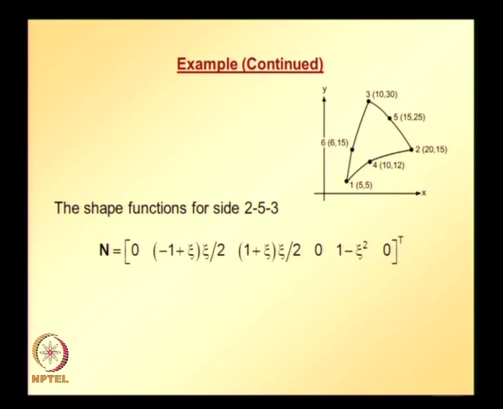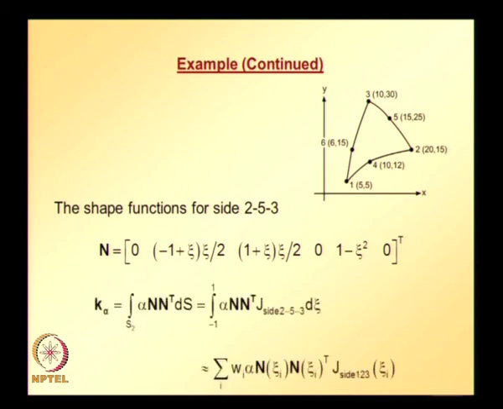Or they can be easily obtained using the Lagrange interpolation formula. So, the non-zero shape functions along side 2 5 3 in terms of psi are given in this vector.